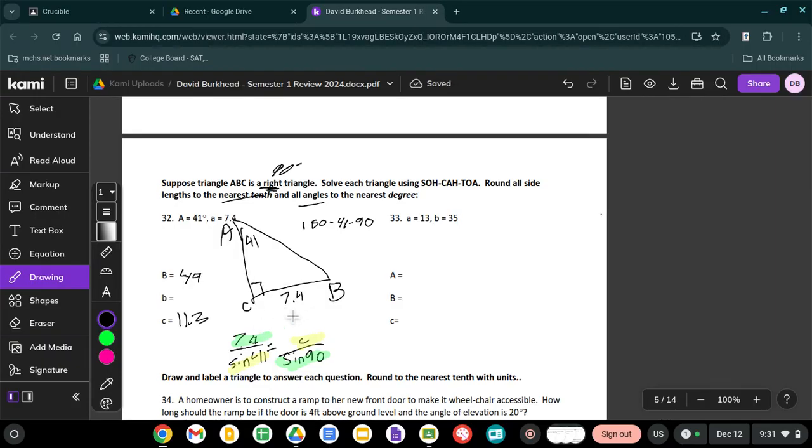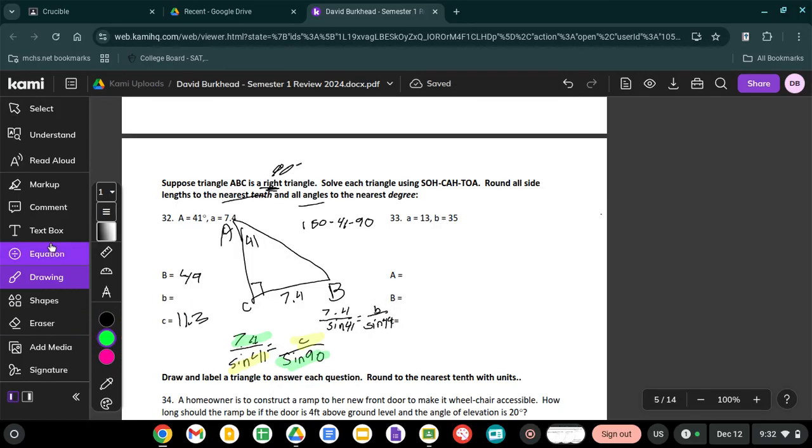Now you can use that angle to solve for side B. So let's do the same thing. You're given 7.4 over your sine 41, your angle. Now you can do side B over sine of angle B, which we now know is 49.